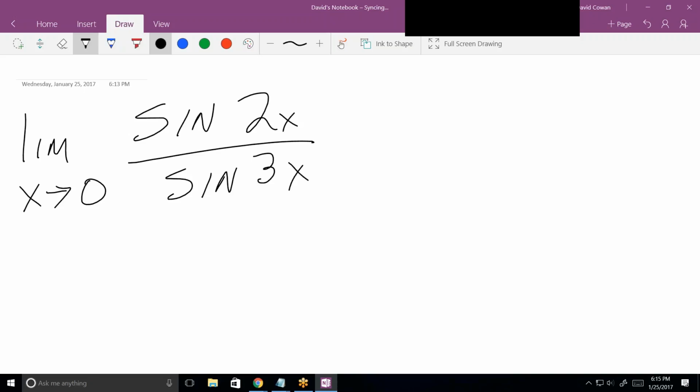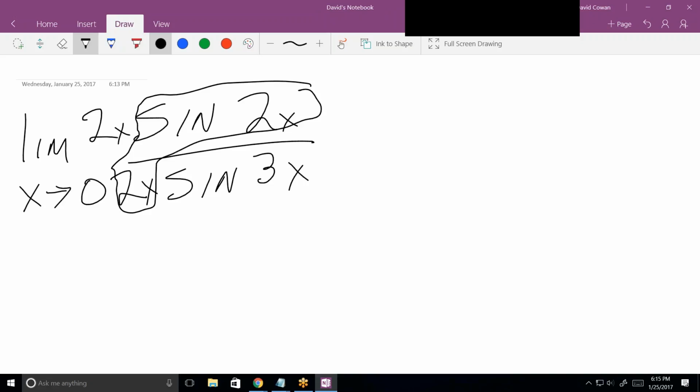I need to, first of all, multiply the top and bottom by 2x. I can do that. And now notice that I've got that, which I know goes to 1. So I can now write it as 2x over sine of 3x times 1.